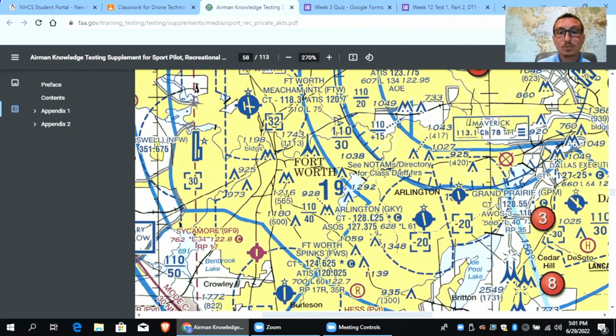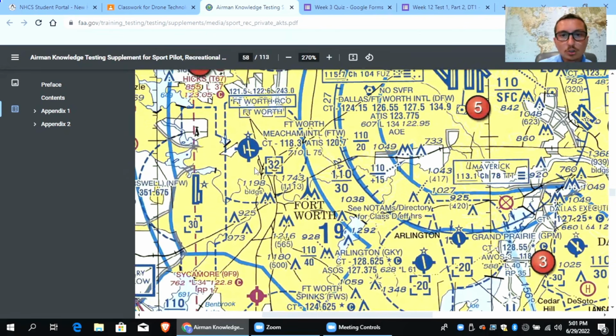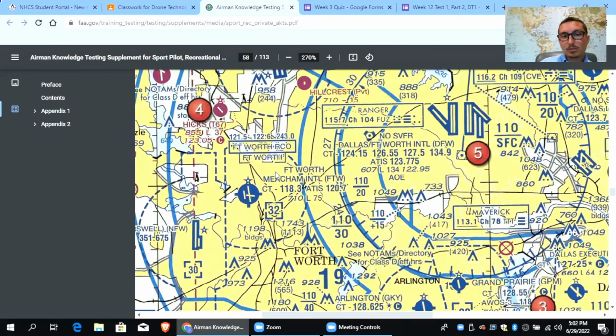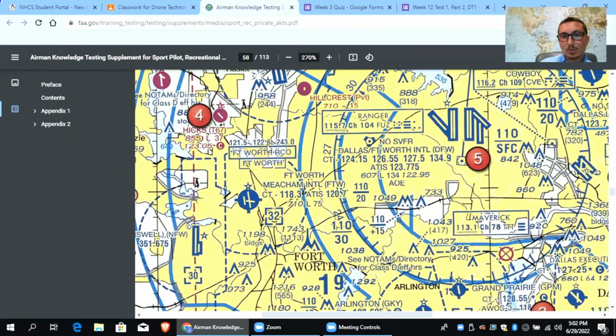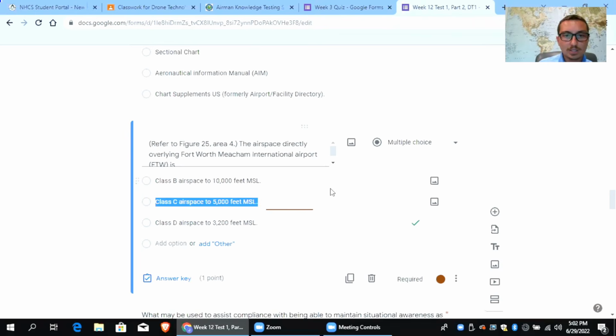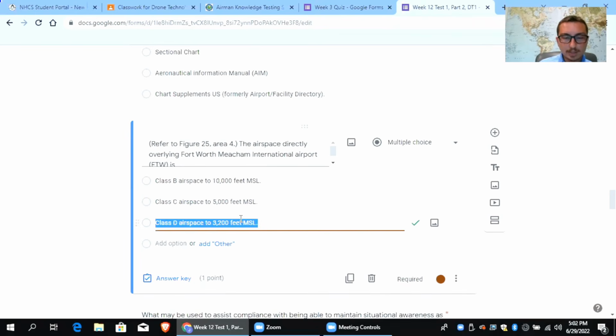That's why this is so confusing. See this line? So this is the one that the FTW is in. So it starts at 4,000 feet. So from ground to 3,200 feet, you're in that Delta. Above 3,200 feet, I suppose you'd probably be in Echo until you get to 4,000 feet, in which now you're in Bravo. So that would be the answer here, you're in Delta airspace to 3,200 feet MSL.